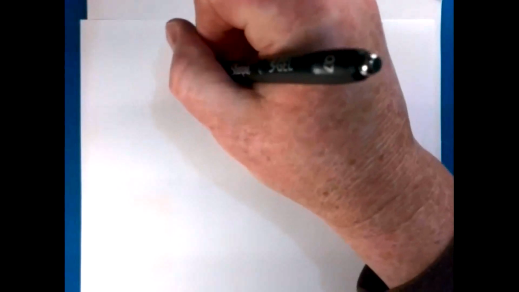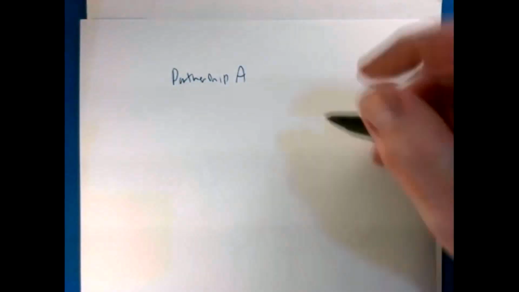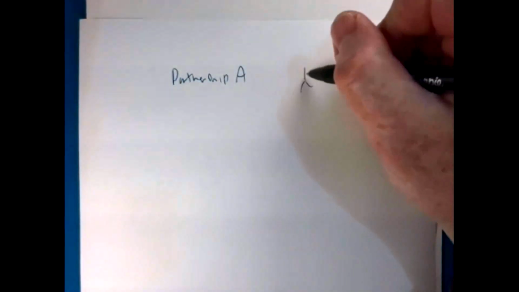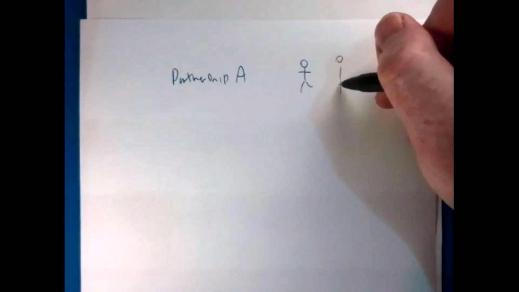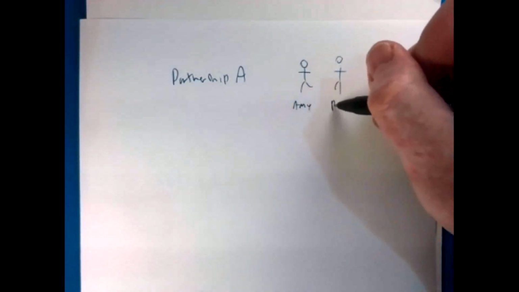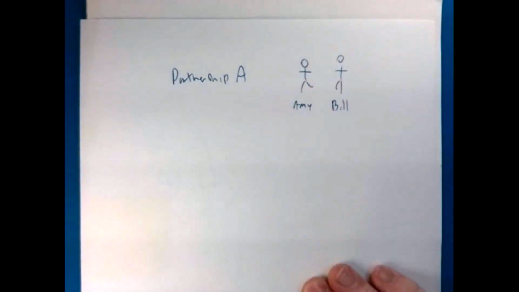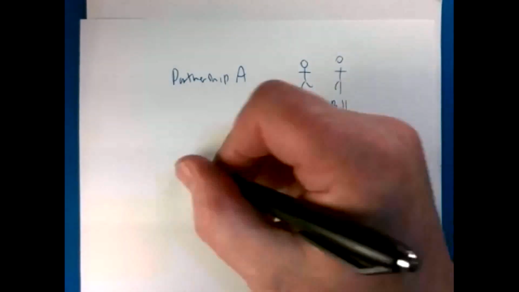So it's kind of like this. If you have partnership A, partnership A has Amy and it has Bill. Kathy joins the partnership.